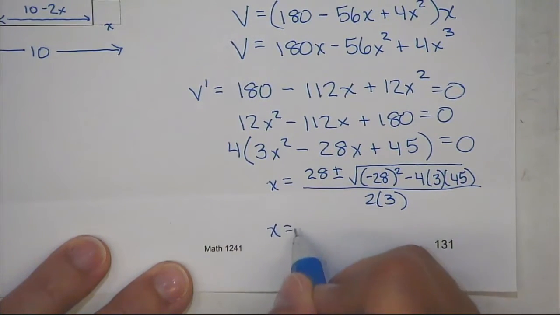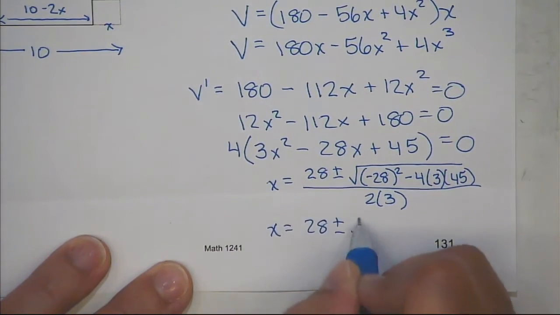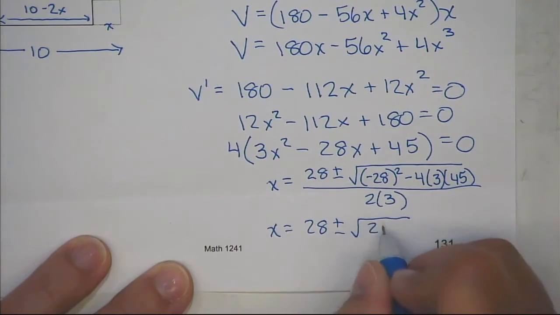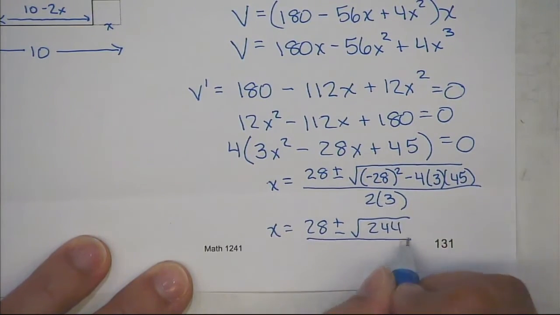All right, so that's 28 plus or minus the square root of 784 minus 12 times 45. So square root of 244 over 6.